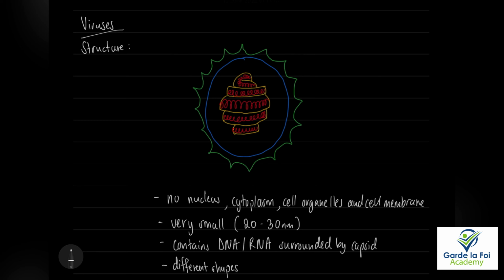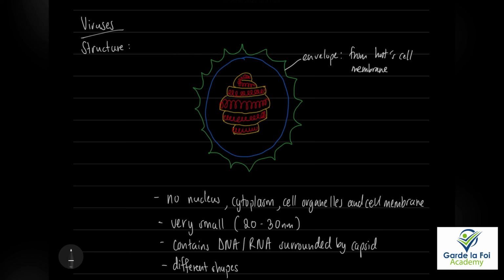So when we look into the structure here, we've got this outside layer, which is called the envelope. And the envelope comes from the host cell membrane. We'll understand this more on how this comes about in the section on reproduction.